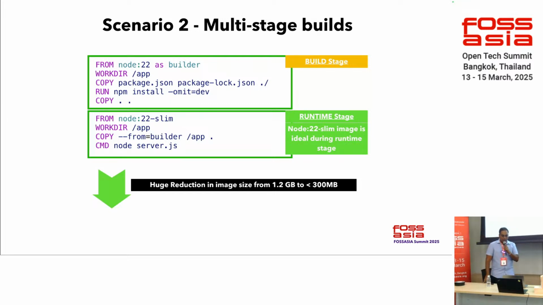Node Slim is a small image compared to Node 22, which is the base image used for building. Node Slim does not have packages like Canvas, which you don't need, or some of the features of the actual node image during runtime. That's the basic difference. The Node 22 image is huge, whereas Node Slim is quite small. So that's how we get a small image of less than 300 MB.